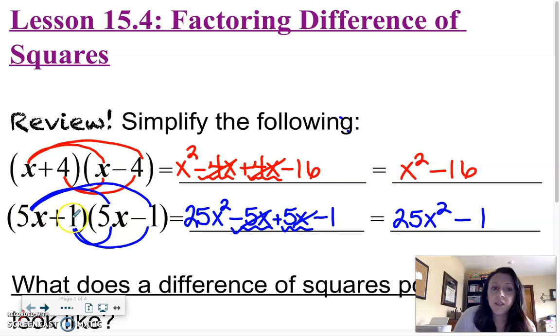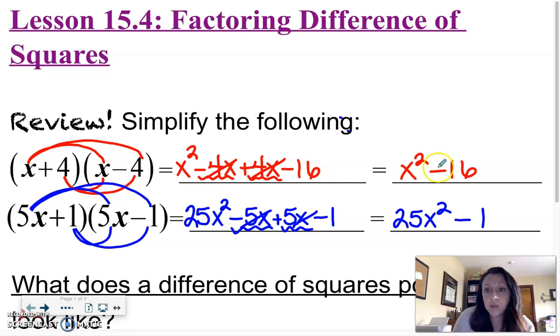And down here I have 5x plus 1, 5x minus 1. Do you see how the parentheses are nearly identical in each example, except one has a plus and one has a minus? So when that happens, you're always going to end up with a situation where the two middle terms would cancel. Okay, and it's important to make that connection because that's going to help you do the factoring.